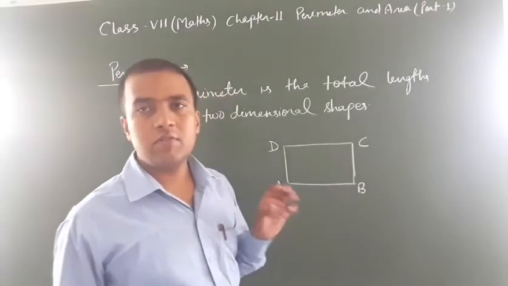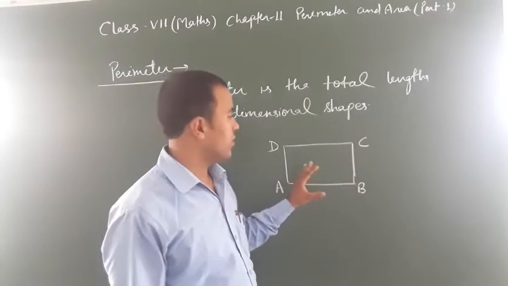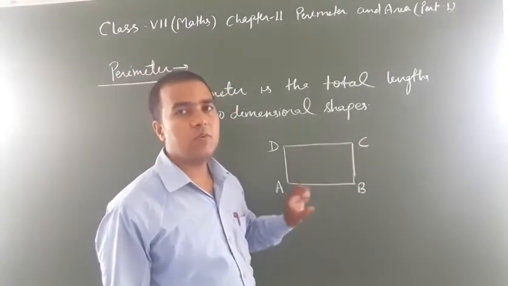What is a rectangle? We know that a rectangle is a closed figure having four sides. Opposite sides are equal.